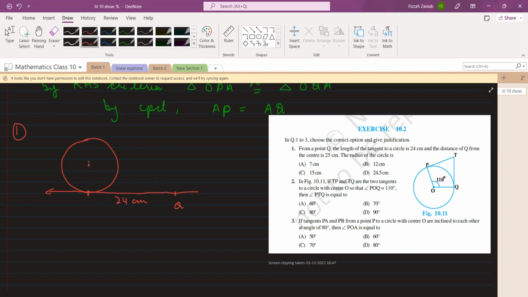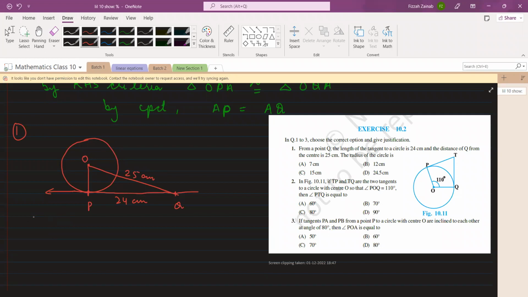So if this is the center of the circle, let's say O, this distance will be 25 centimeter. You have to find the radius. Give it some name P. I think this is simple, right?